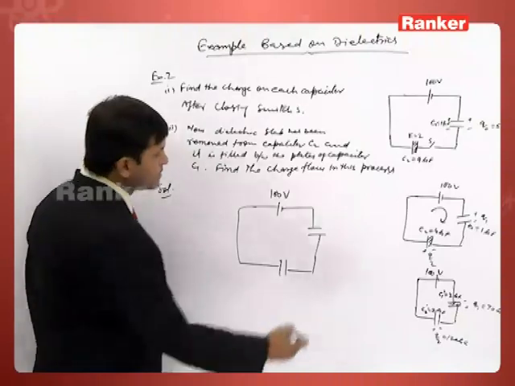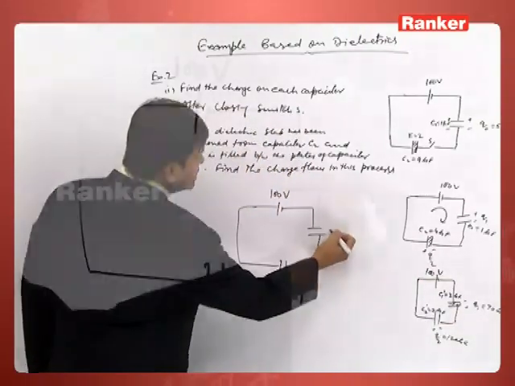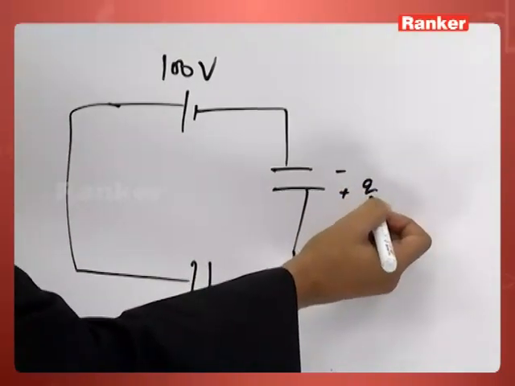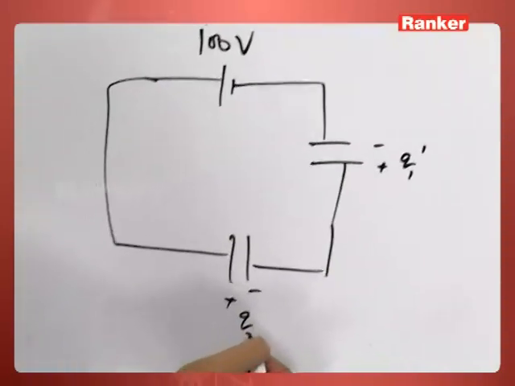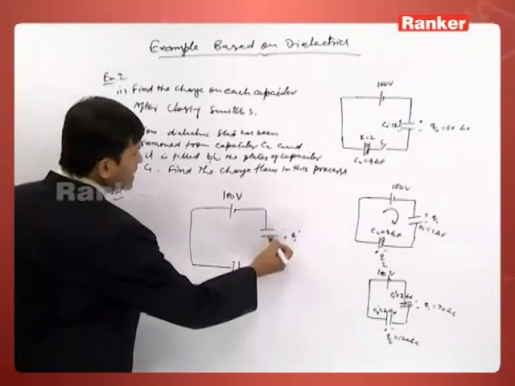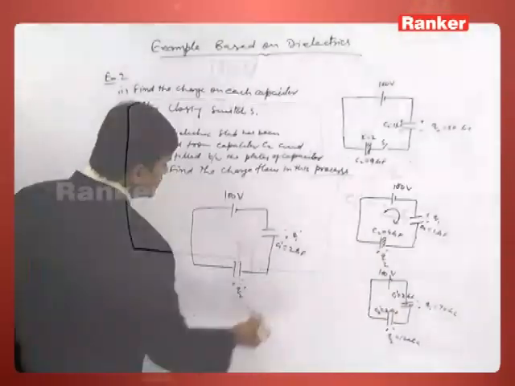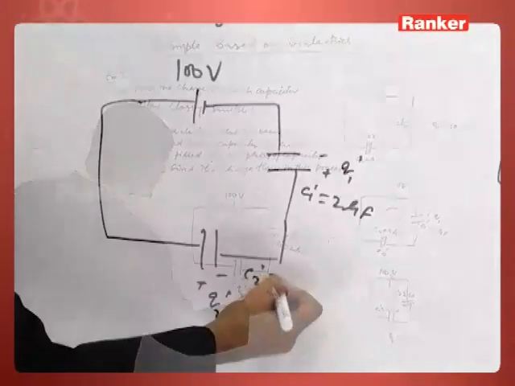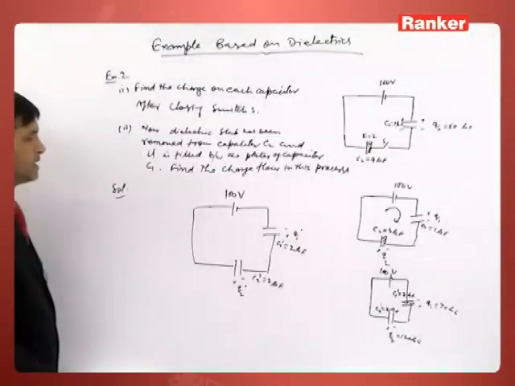The 100-volt battery is there, and the initial charge on this here is minus. So I took the charge here as Q1 dash, and this charge let it be Q2 dash, and the capacitance of this here is 2 microfarad, and this capacitance is also 2 microfarad.